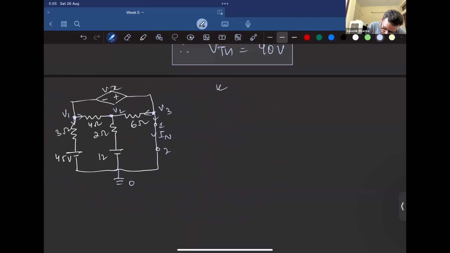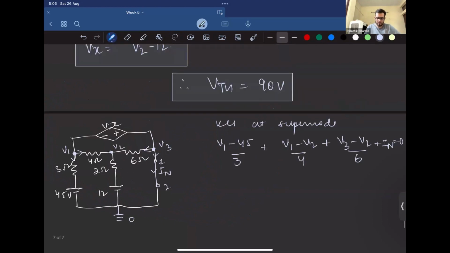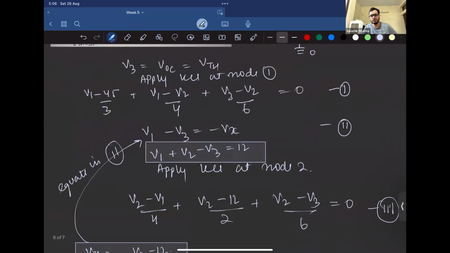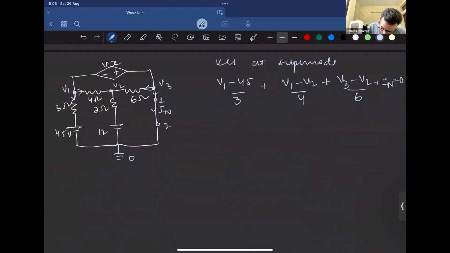So KCL will be what? (V1 minus 45) by 3 plus (V1 minus V2) by 4 plus (V3 minus V2) by 6 plus IN equal to 0. We already found the Thevenin voltage. Once we find the Norton current, we can easily find the Thevenin resistance, right?